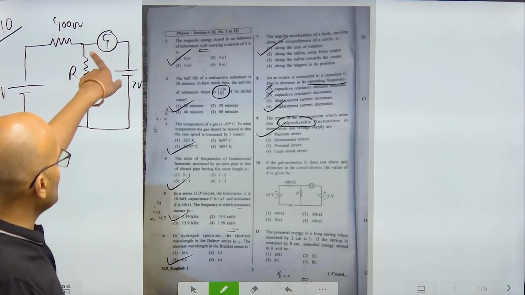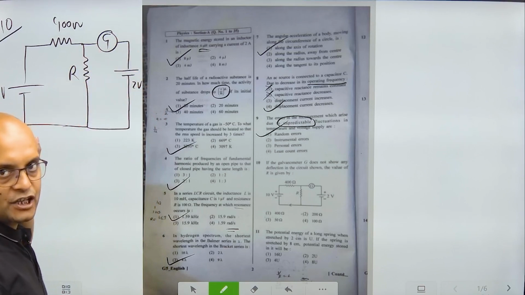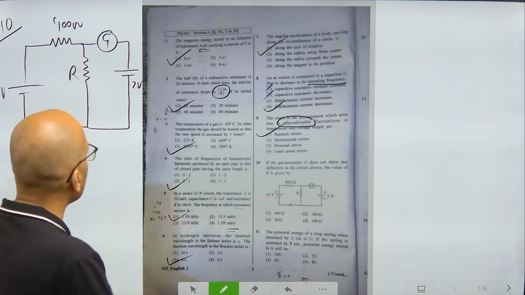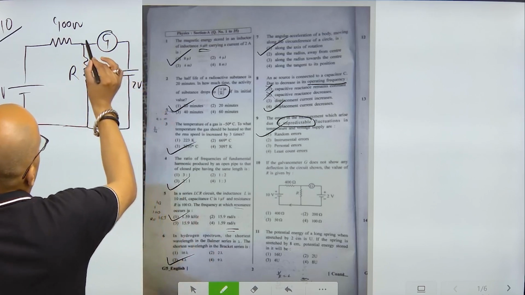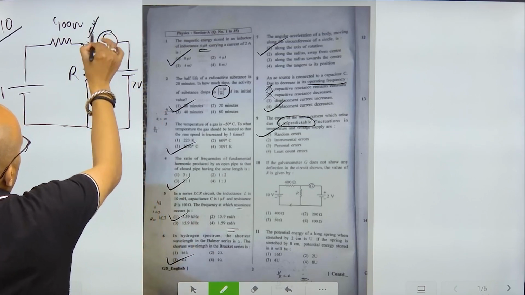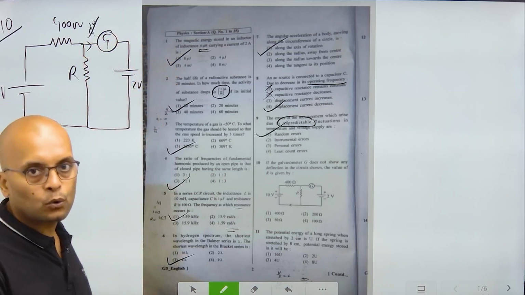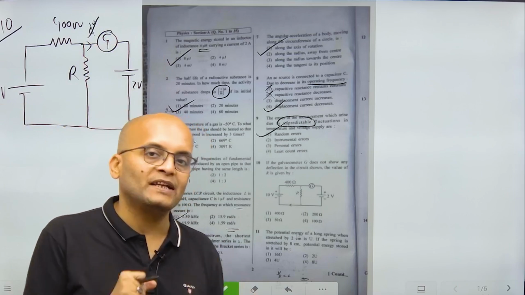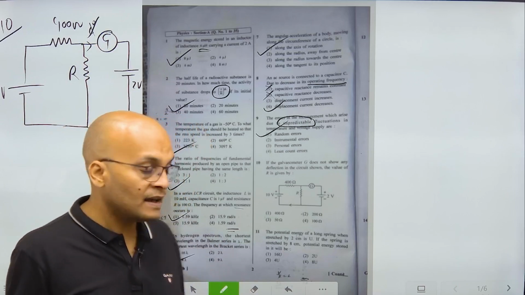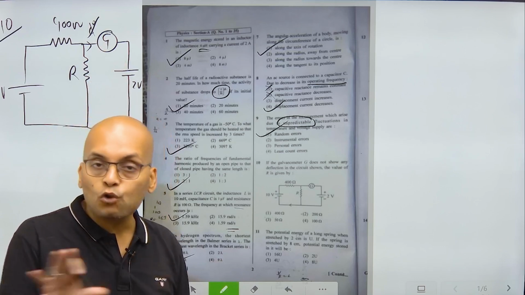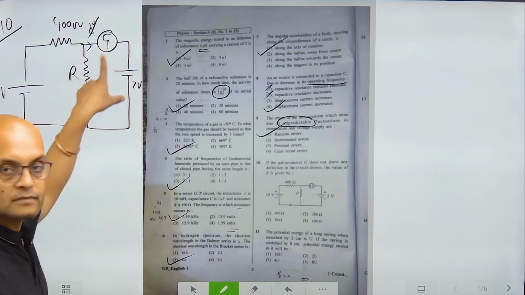Now see, the galvanometer is not showing any deflection. That means no current is flowing here. Current is not flowing through this branch. Current flows due to potential difference, right? And if no current is flowing in this branch, that means there is no potential difference.